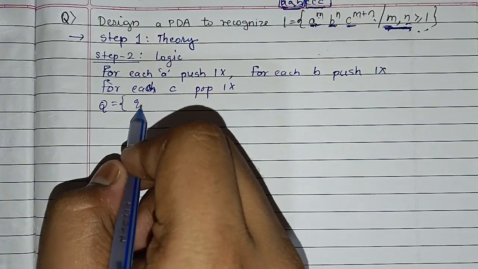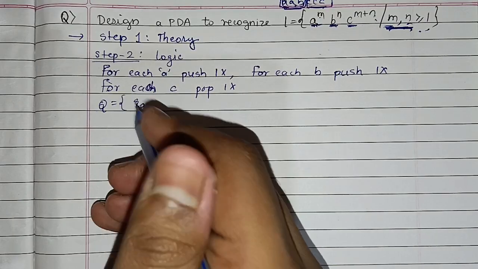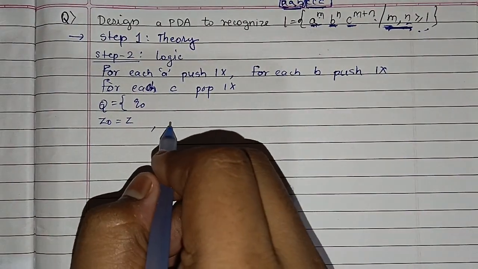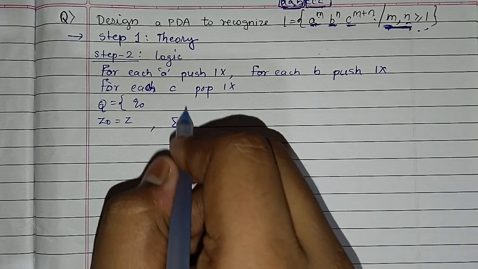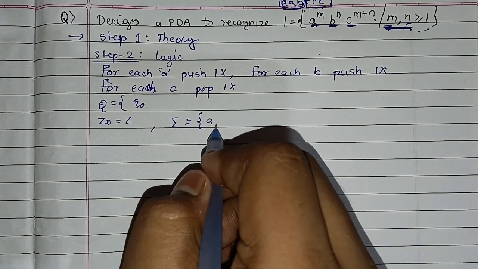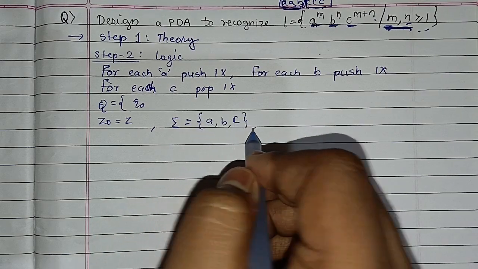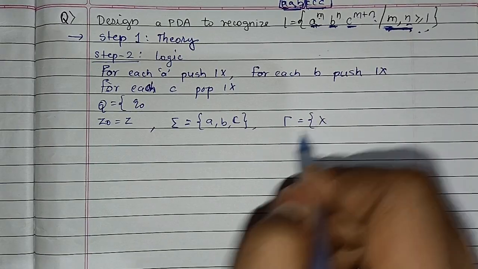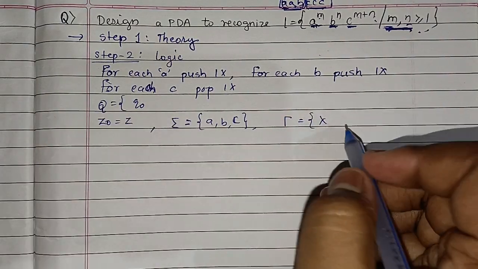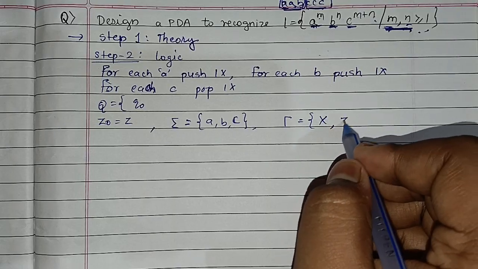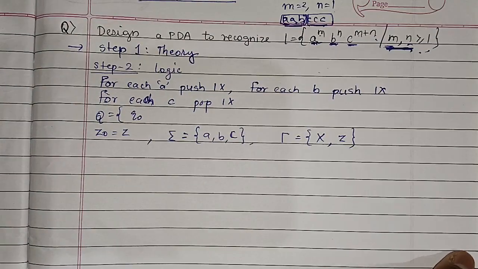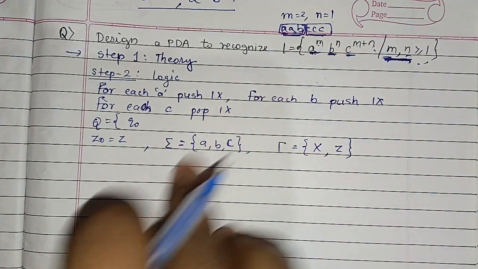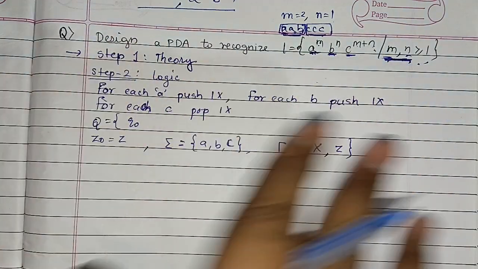Now we have to write the states. I am writing q0 as the starting state, and z0, I am assuming as z. My input alphabet is a, b, c, and my stack alphabet is x and z, as I will push x only. Now anyone can think: for a I can push x, for b I can push y, and for c I can pop x and y both.